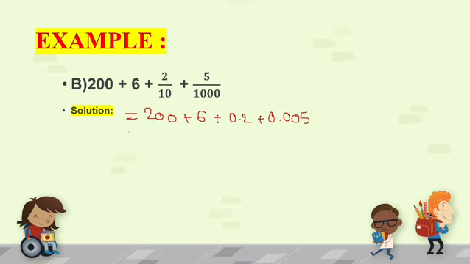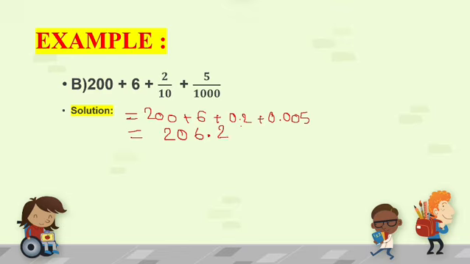And after having written in decimal form, we are going to write it in short form. 206. Now here nothing is in the tens place, so the tens place will be a 0. That means 0, 6. Now the decimal point. Then in the tenths place is 2.